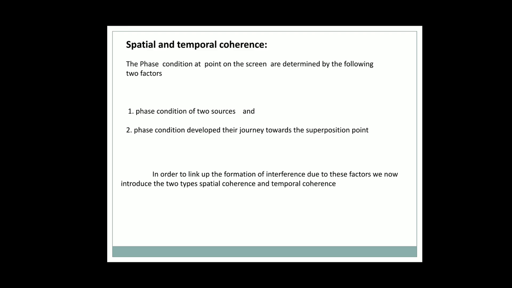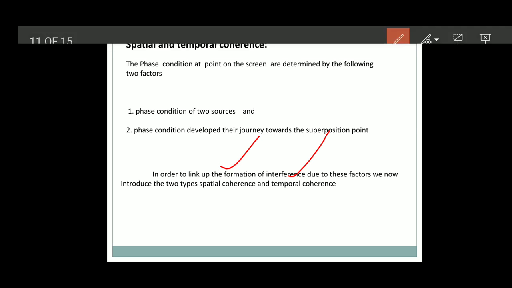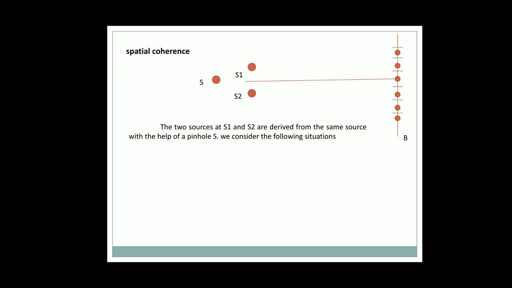In order to link up the formation of interference with these factors, we now introduce the two types of coherence. One is spatial coherence and the second one is temporal coherence. So we will discuss spatial coherence and temporal coherence one by one.